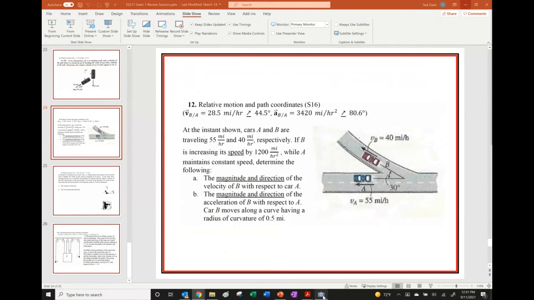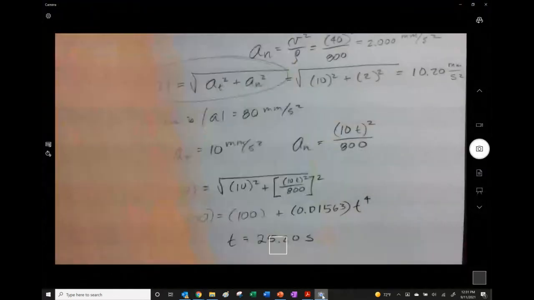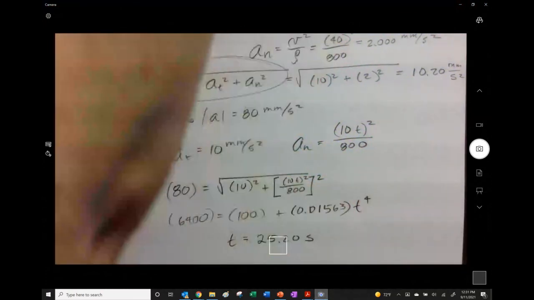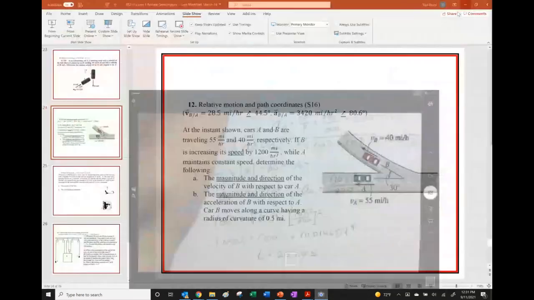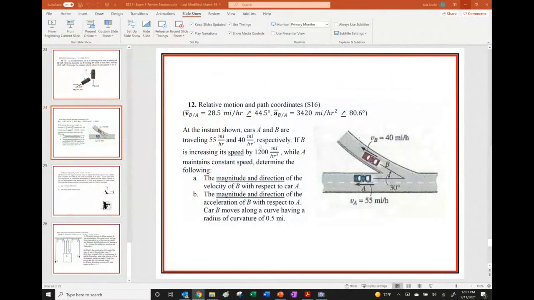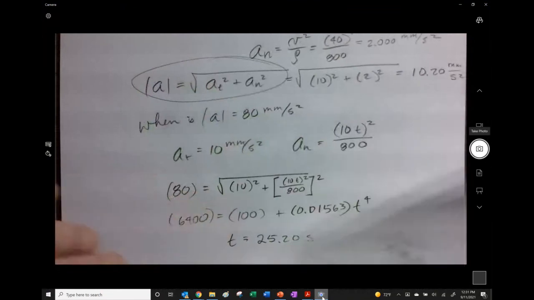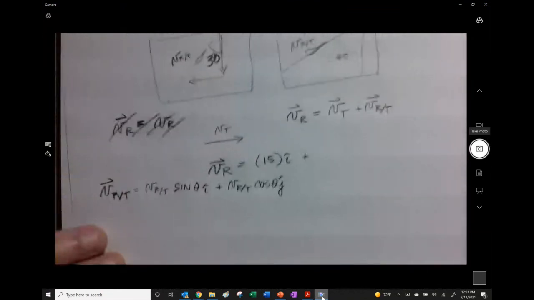For this kind of problem, like 12, we have one like it, the train and the car. We solved something similar in class. It's a good idea to get some relative motion practice, because that came on a homework where there were only two problems, and the one I started doing, embarrassingly, I was looking at and going, that's way too complicated.